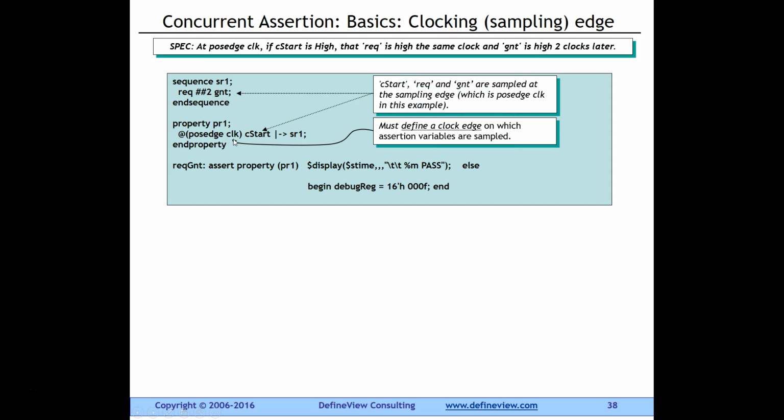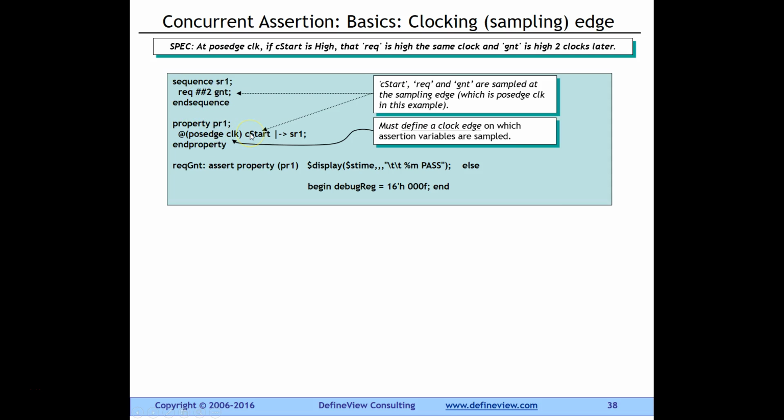Now, the other key important concept here is that cstart is a signal, a variable. Request is also a variable, and so is grant, or signals. The cstart is evaluated at passage of clock. The sequence doesn't have a clock, but it inherits the clock from this property.